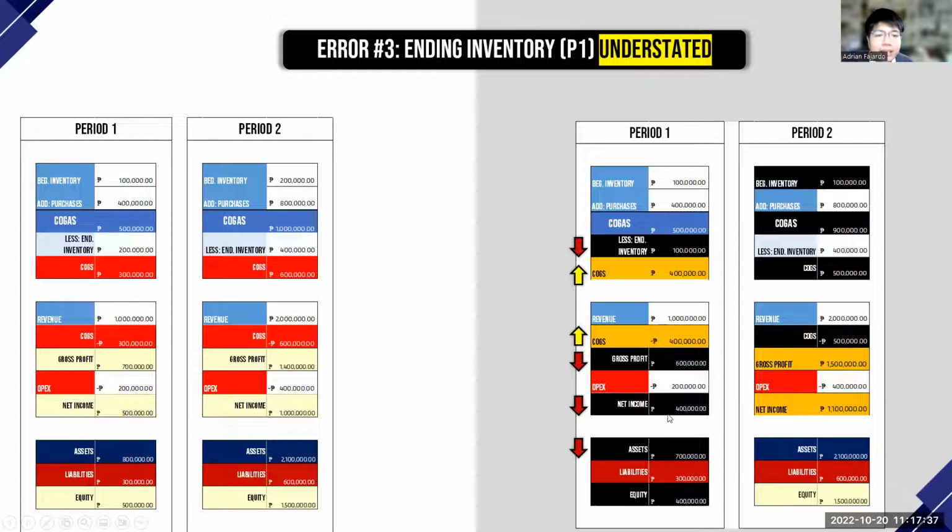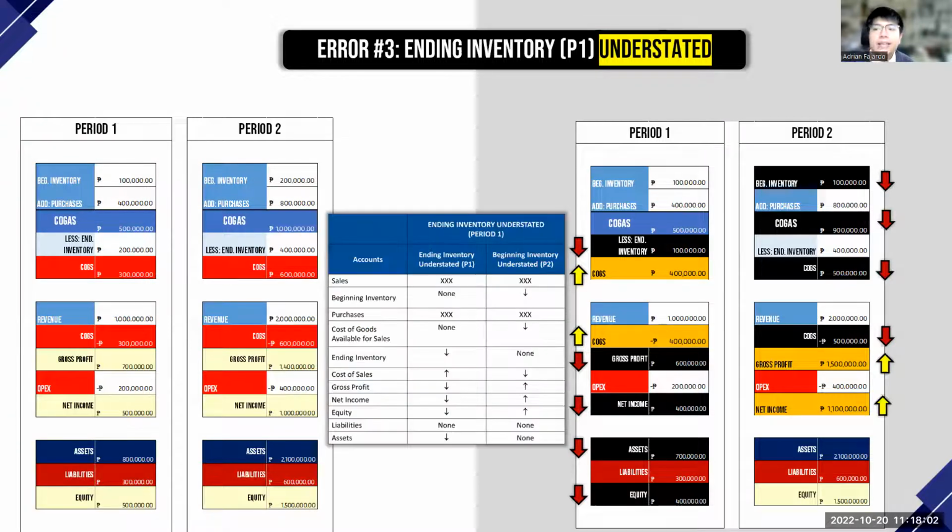And then, because your net income is low, equity is low. So that's period 1. Now, your ending inventory is your beginning inventory in period 2. So now your error will cross over to the next period. It's as if you treat your beginning inventory as understated. So, similarly, as we discussed in error 1, you will have effects. So, kindly take note that when ending inventory is understated, it will cross over to 2 periods. Right?